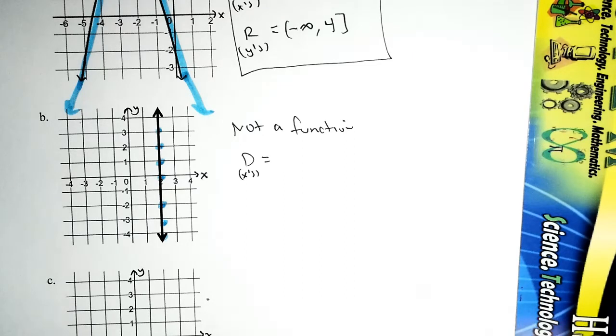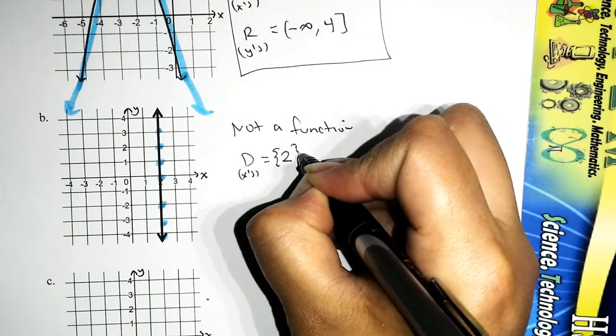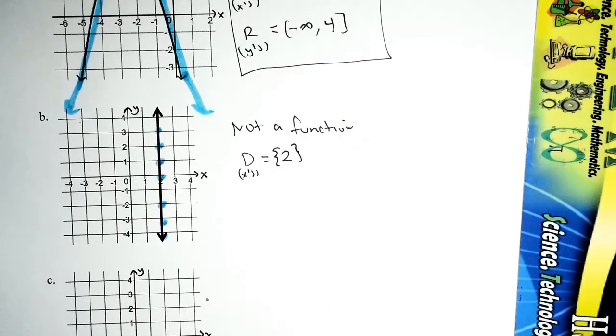You said it, 2, dos in Spanish. So in this case, we're not going to write it in interval notation. We just put the 2, and then we can write it within braces. So what's the domain? The set of 2. No one speaks like that, so we'll just say 2.